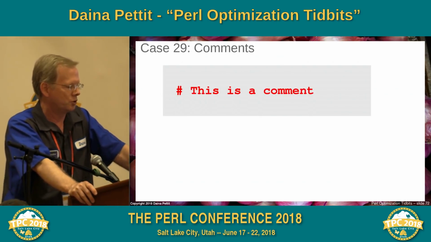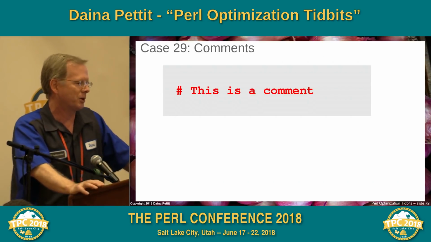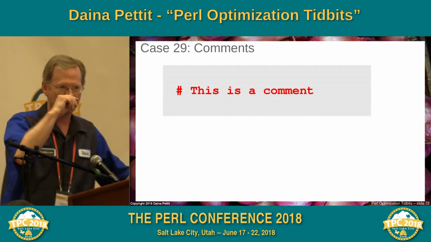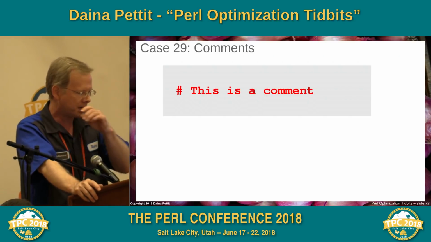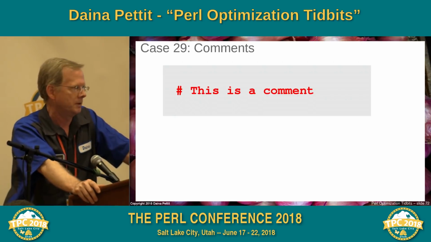So should we comment our code? Of course we should comment our code, but how much of a hit is it to actually comment our code? I ran a case where I had 100,000 lines of comments and then a couple lines of code.